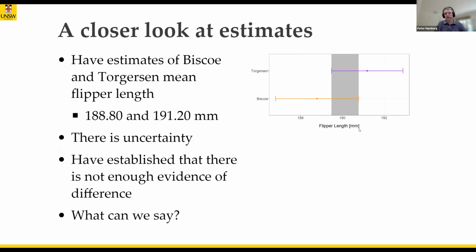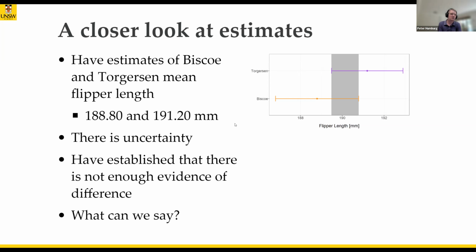So we can look at the data and the estimates we generated from it a little bit more, right? The first thing we might look at is the estimates of the mean flipper lengths in these two colonies that we get. And here I've plotted these. It's still 188 and 191, but of course there is some uncertainty, right? We haven't measured all the penguins, we just measured some.